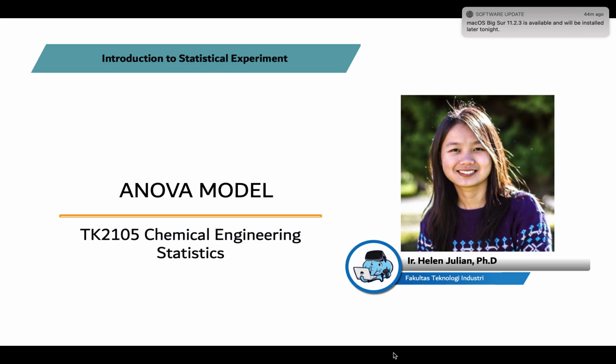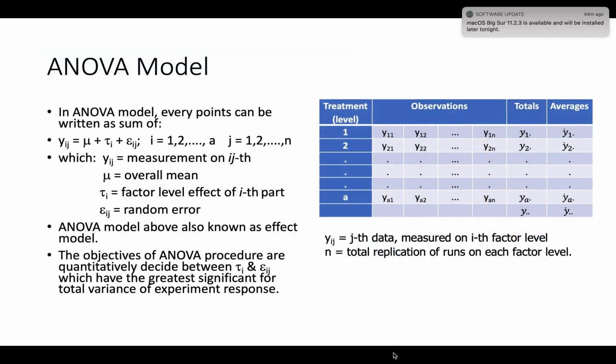Today we will discuss further on the ANOVA model. Suppose we have A different levels of a single factor that we wish to compare. So here we can see that we have A treatment levels, A levels of a single factor.